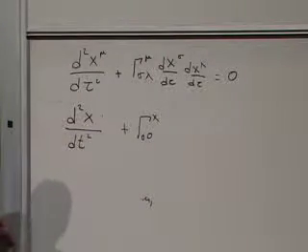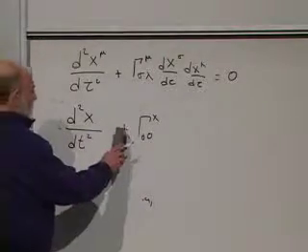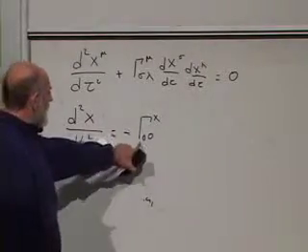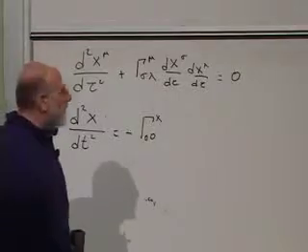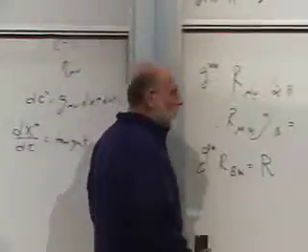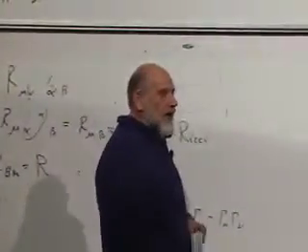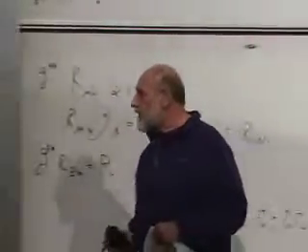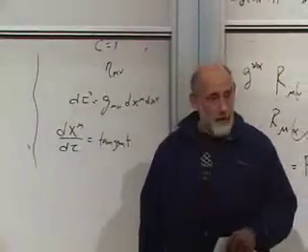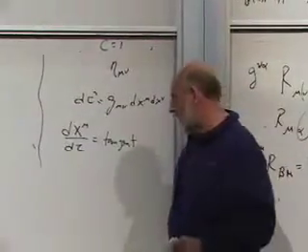So what have we found out? We found out that, apart from a minus sign, this is the field of acceleration. The Christoffel symbol, but in particular the Christoffel symbol with 2 zeros downstairs and an x upstairs, is the x component of acceleration with a minus sign in there.